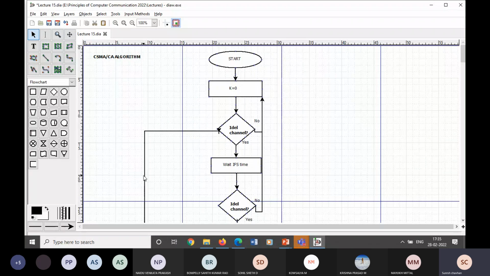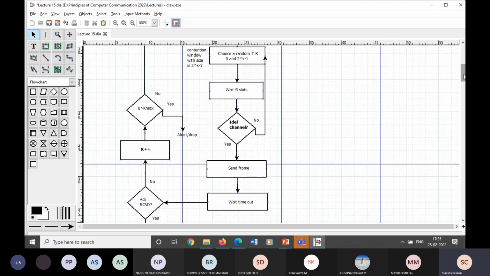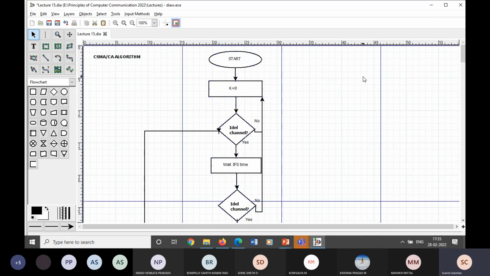Now it's K equal to 1, then again it will sense, and again K equal to 2, and so on until it reaches the maximum value K max. So this is the CSMA/CA algorithm.